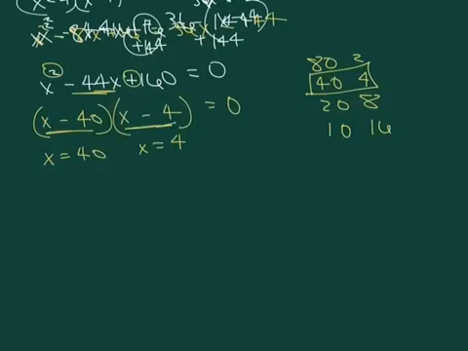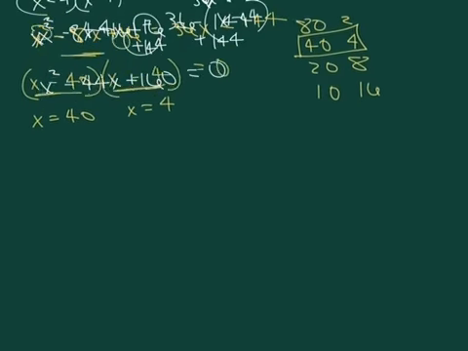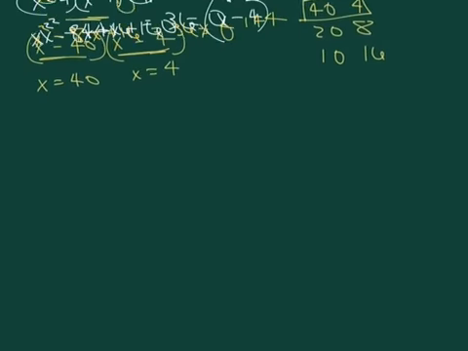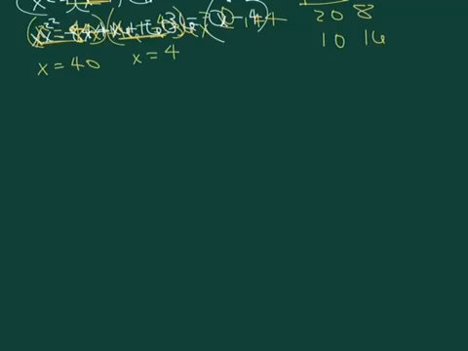Now I need to plug them into the original. So let's move all this up. All right, so my original problem was 2x plus 1 equals the square root of x minus 4 plus 3.